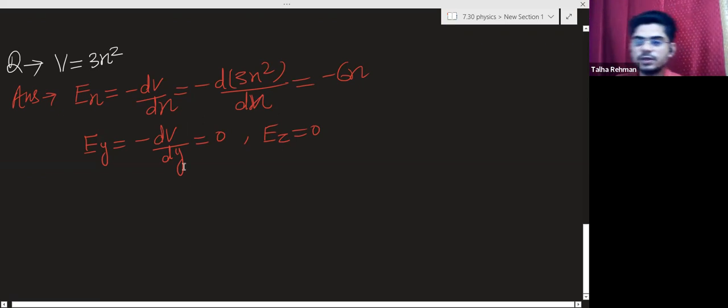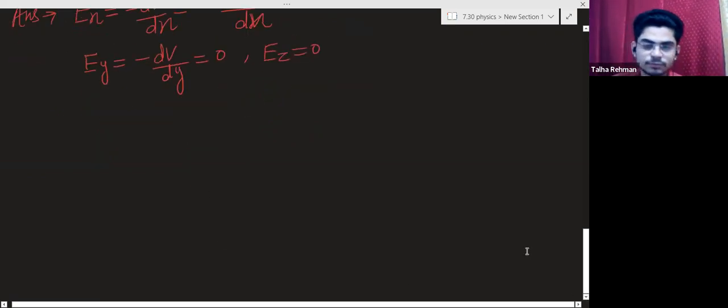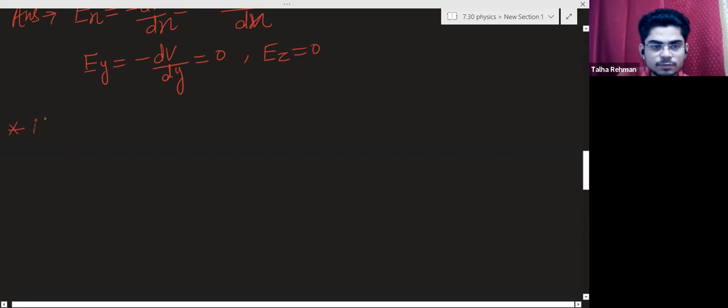Suppose now if potential is a function of x, y, and z.